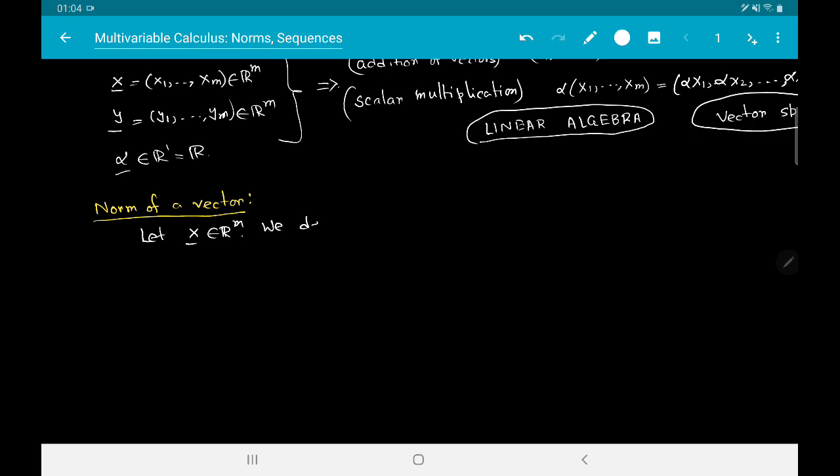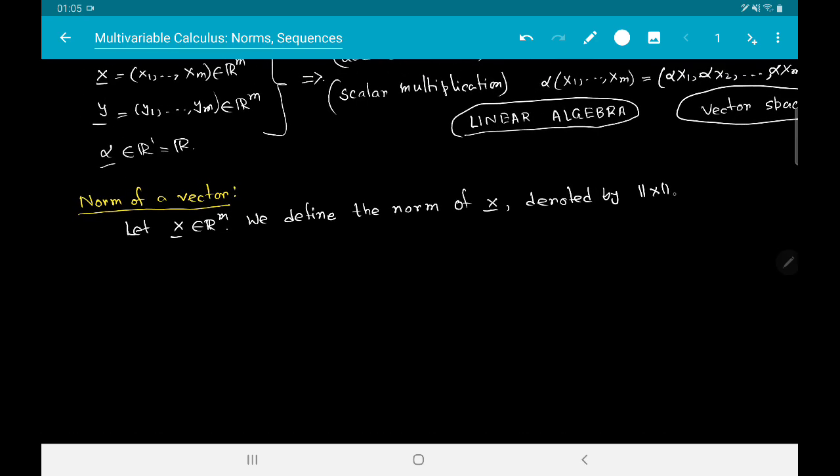We define the norm of x, denoted by this sign, which is kind of a double modulus that we will from now on call the norm of x, as norm of x is equal to x1 square plus x2 square plus up to xm square.